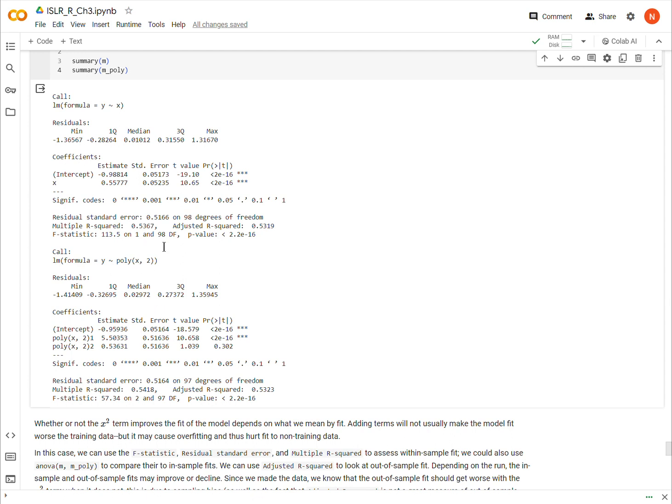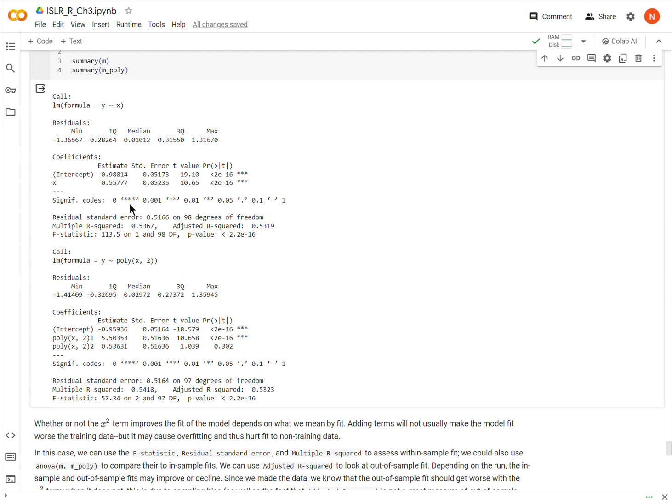So whether or not this improves the fit, again, it depends on what we mean. Do we mean the in-sample data or do we mean the out-of-sample data, okay? But what would we use, just given these printouts, to start to assess that?